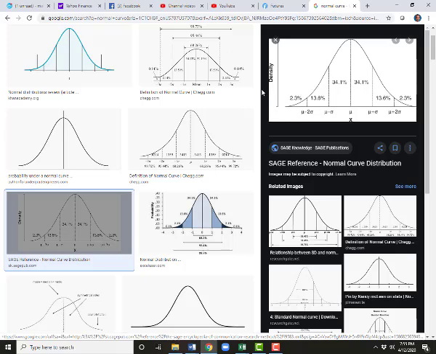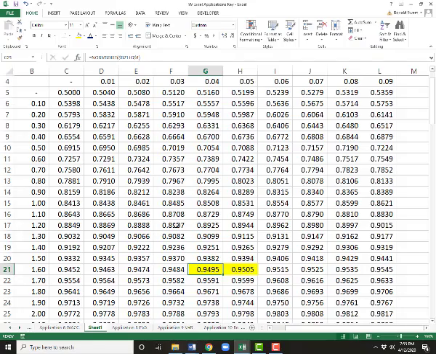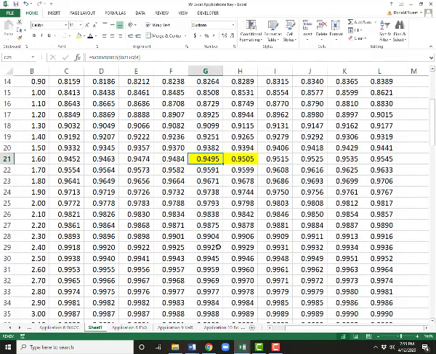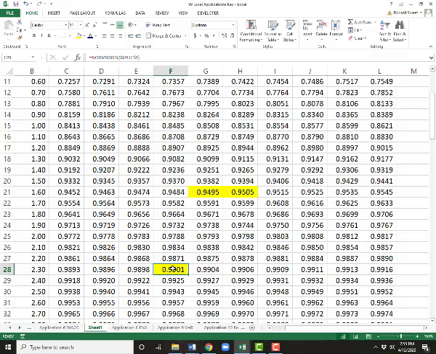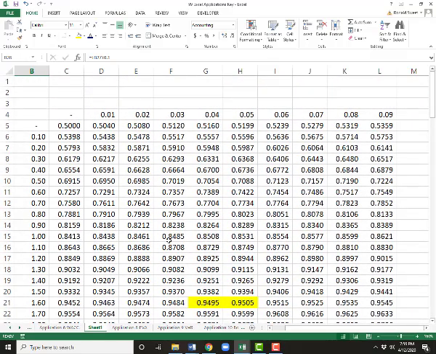So if I tell you that their risk tolerance is 1%, then you're looking for 99% in the table. There's 99% right there, in the 0.03 column and the 2.3 row, so that means a 1% event is a 2.33 standard deviation event. Some people say a 2.33 sigma event.